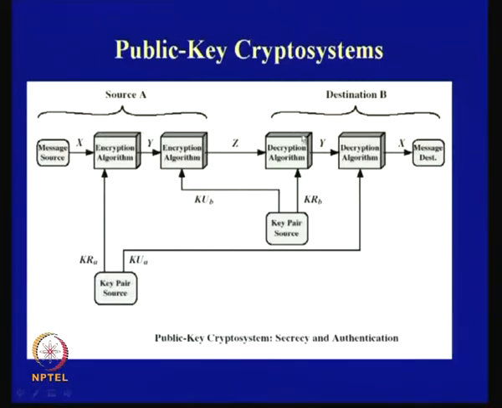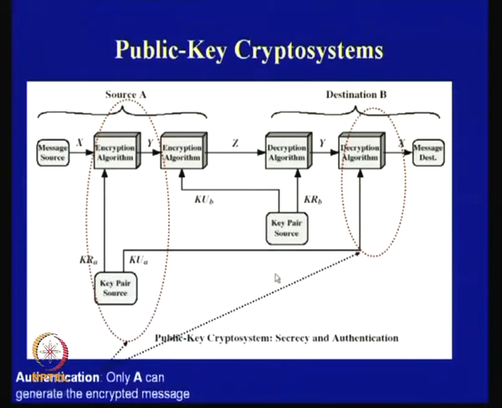In order to verify, you use the corresponding public key. So the private key is used for performing or signing the data, and for verifying you use the corresponding public key.